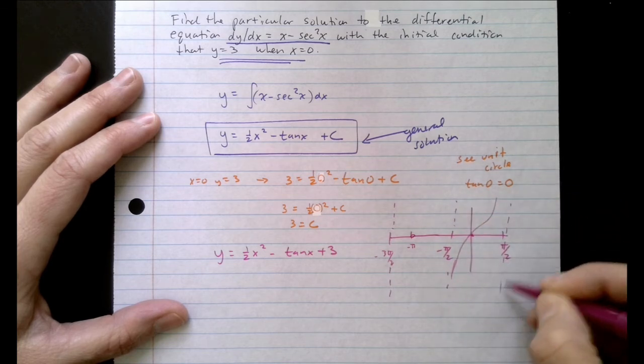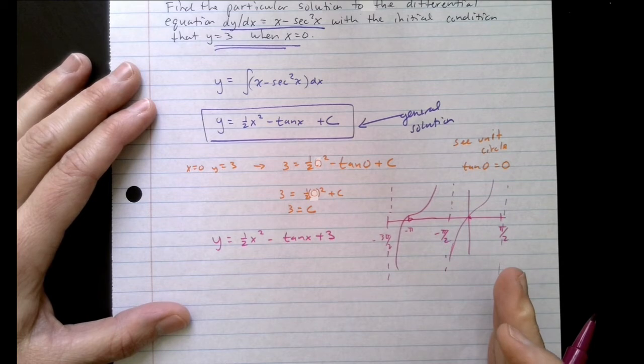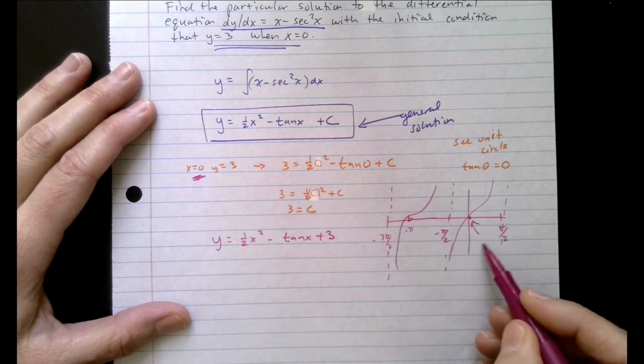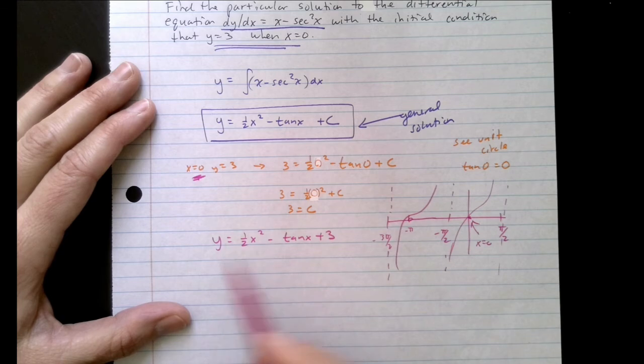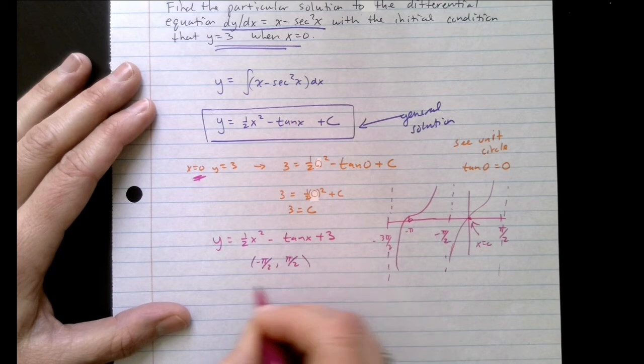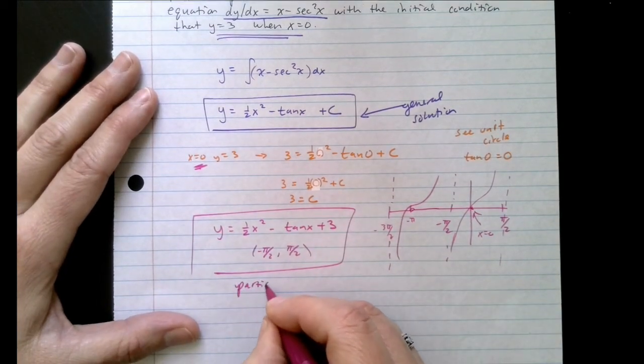It is discontinuous at certain spots. It has vertical asymptotes, which makes it undefined. So if we look at this point, x equals 0 is right here. So that means this particular solution is only good for this piece that exists over this domain. It is not good for the entire all real numbers domain.